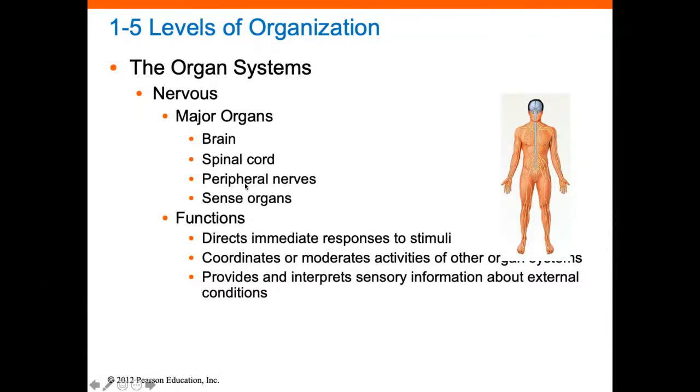So the neural system is the control center and is the first system that forms, which is why chiropractic care in Florida is such a big thing. It's to maintain the integrity of the neural system so that the other organs are functioning in homeostasis. We want to make sure there's no nerve interference going to these organs.